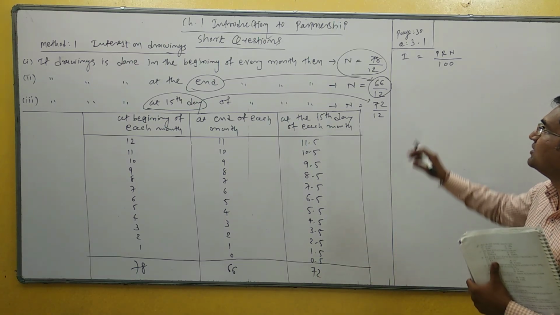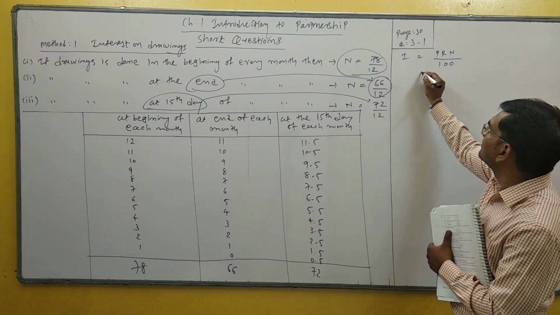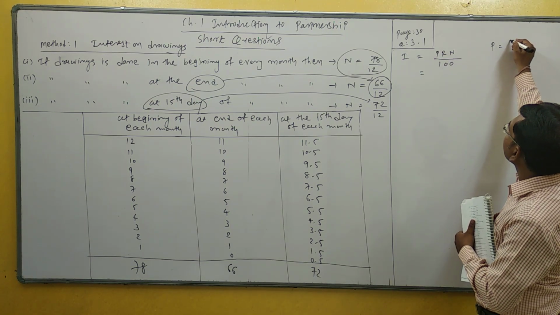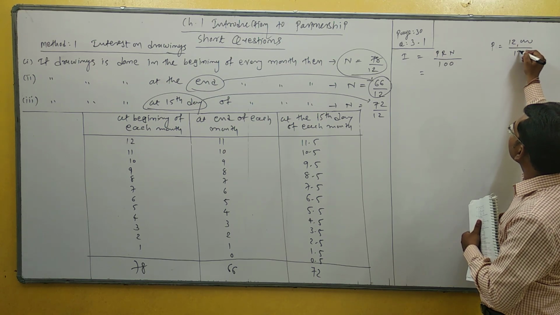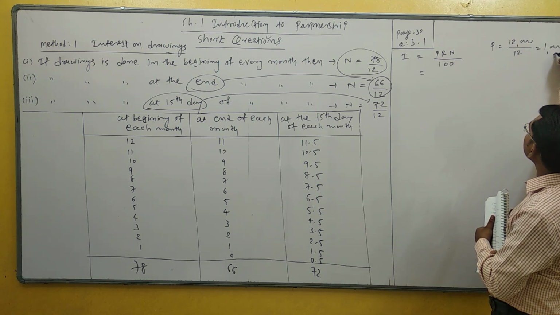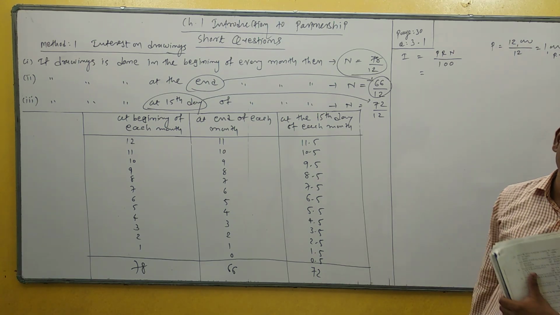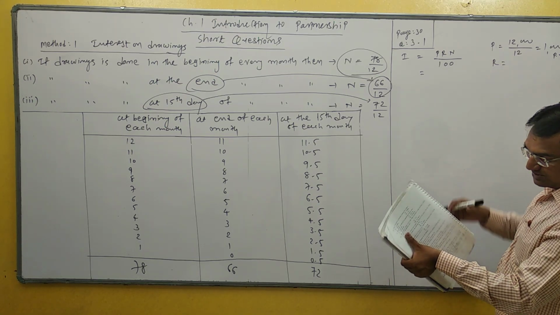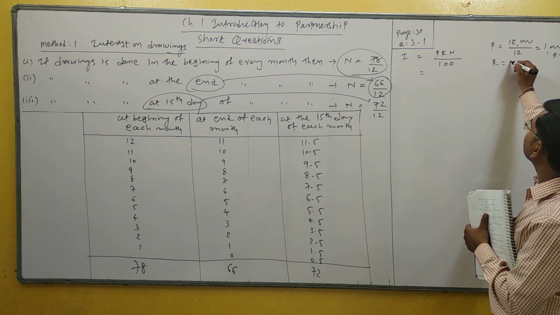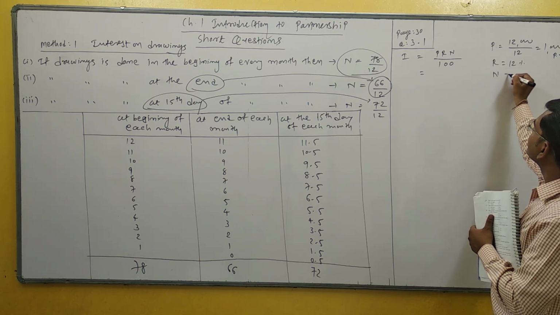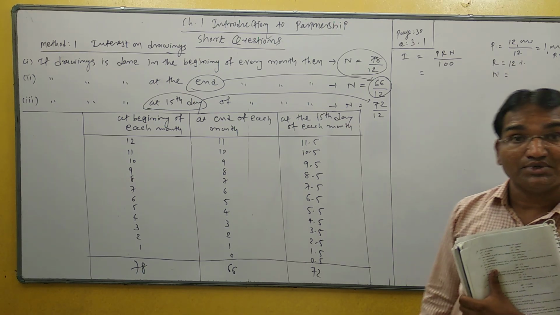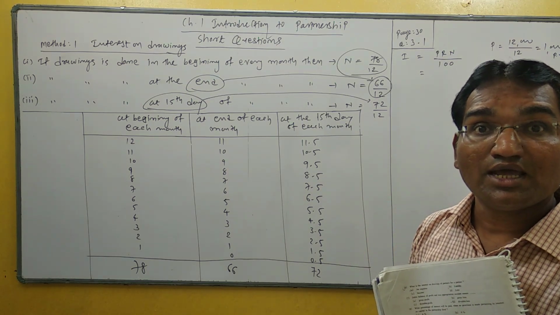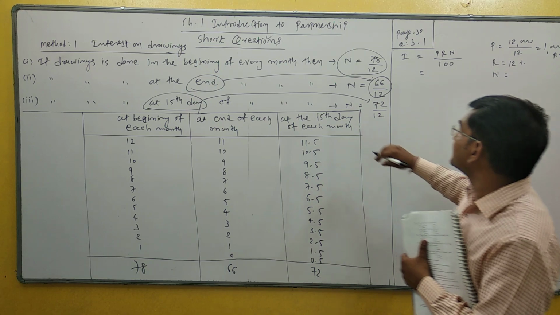So I, interest, is equal to PRN, where P is equal to 12,000 divided by 12, 1,000 per month. Monthly drawing is required. R means rate of interest, so here the rate of interest is 12%, and N means number of months. How many months to be taken when the partner withdraws at the end of every month? 66.